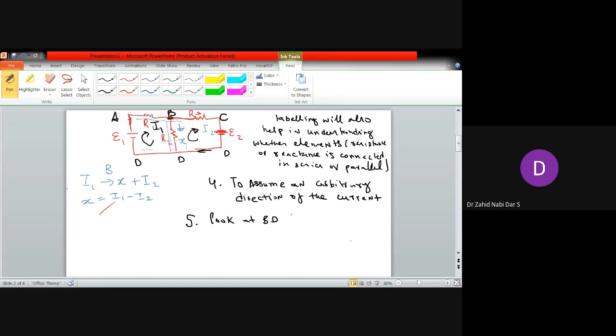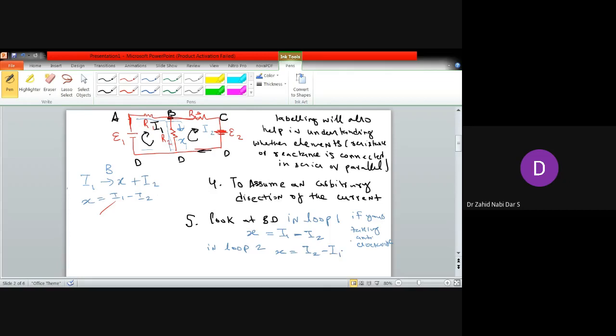In loop 1, the X value would be equal to I1 minus I2, if the same directions are given, if you are taking anti-clockwise. And for the same thing in loop 2, X would be equal to I2 minus I1.